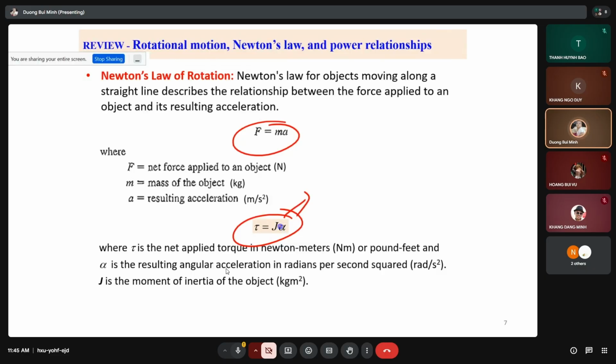So if we have circular motions, we normally use torque, not net force. For straight motions, we use net force. But for circular motions, we normally use torque.